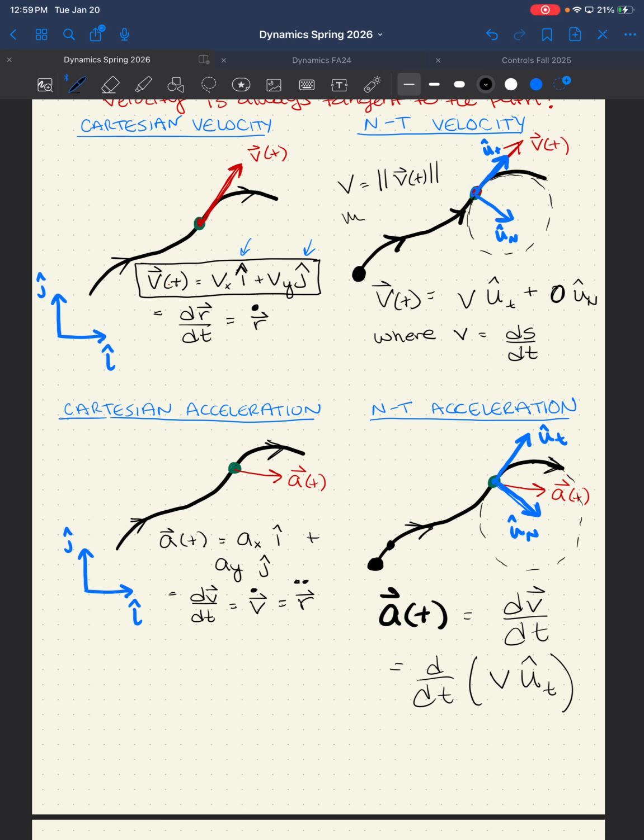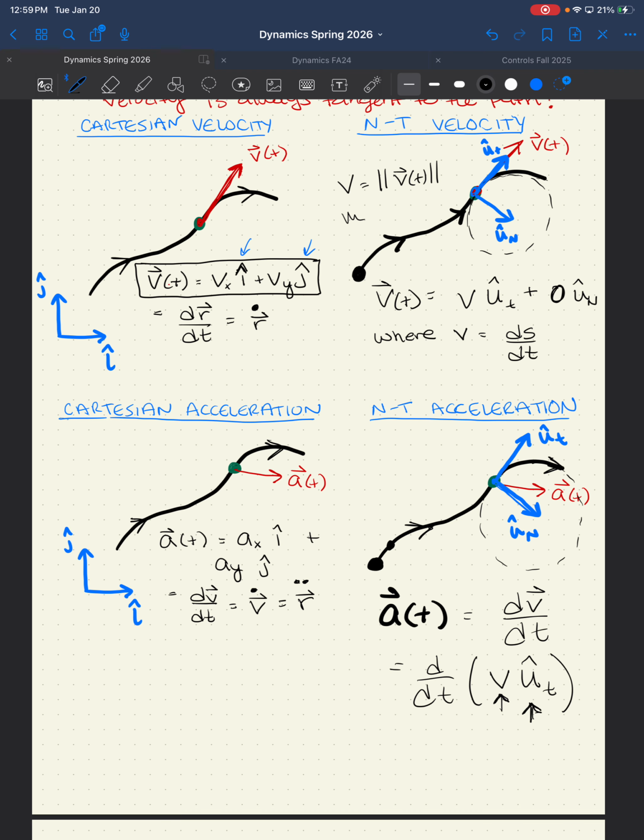Now, when we take a time derivative, it's all well and good if the magnitude of velocity is the only thing changing through time. But you've already told me that this u hat t vector also changes with time, right? It's following that particle around the curve. It's not like our Cartesian coordinate system that stays in one spot forever.